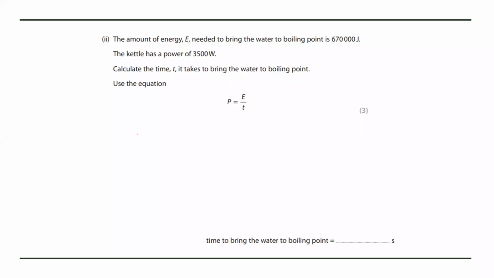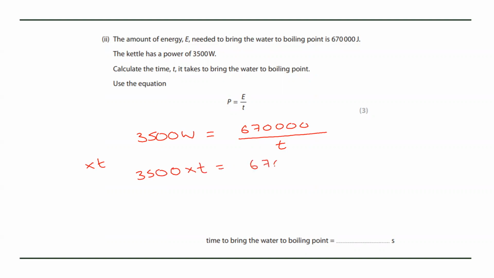Right, so power, 3,500 watts. Okay, so energy, 670,000, divided by the time. Okay, so what I'll do is times by T. 670,000.